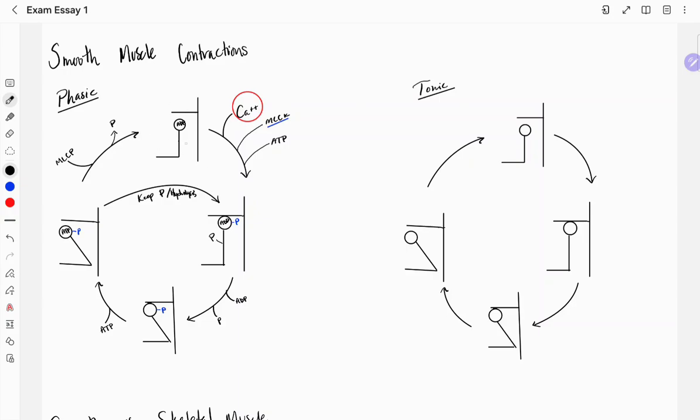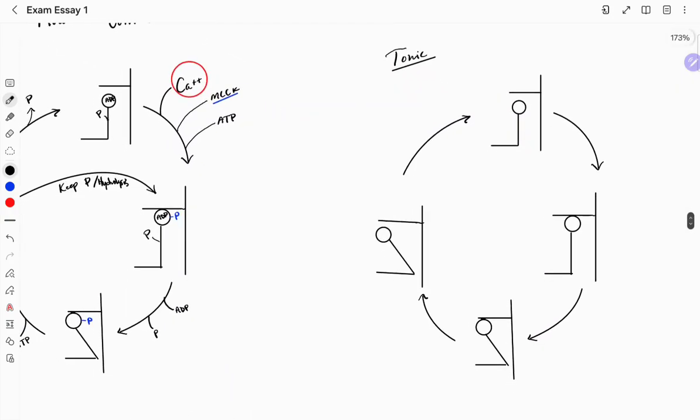So we kind of skipped a step above. I think I may have left a phosphate off there. So that is our phasic cross-bridge cycle explained to you. Now we're going to look at tonic.